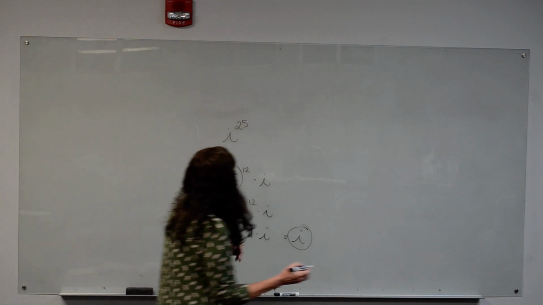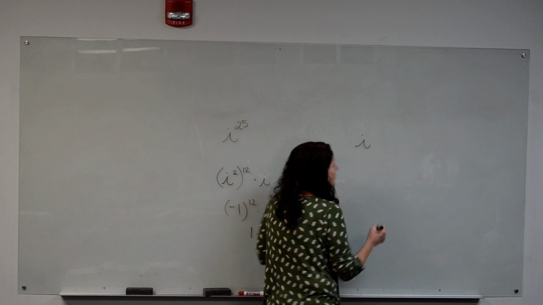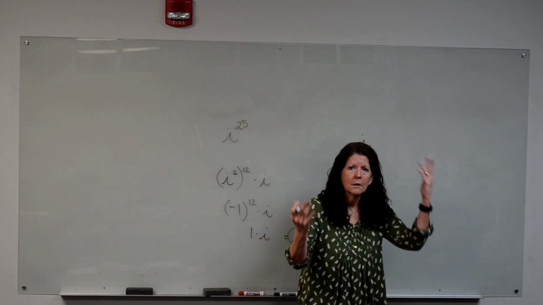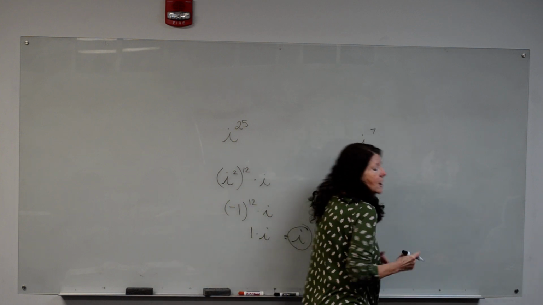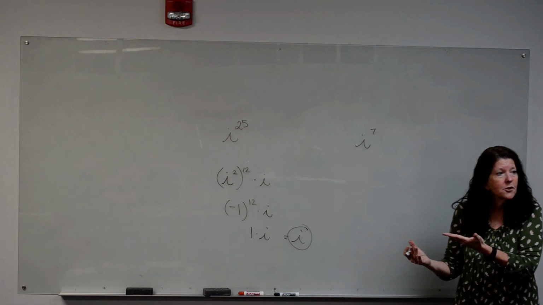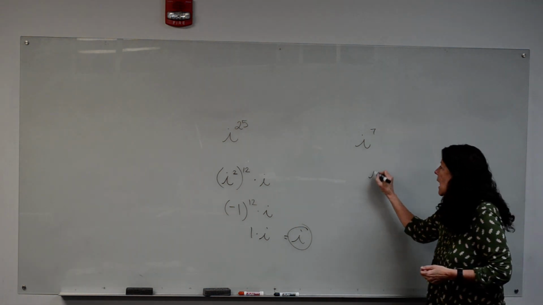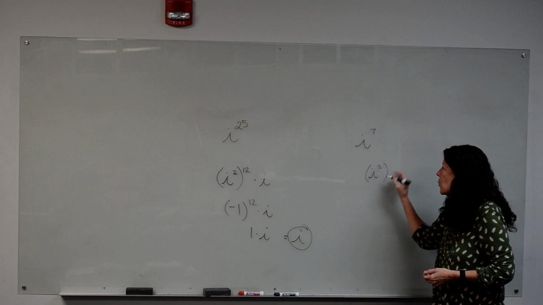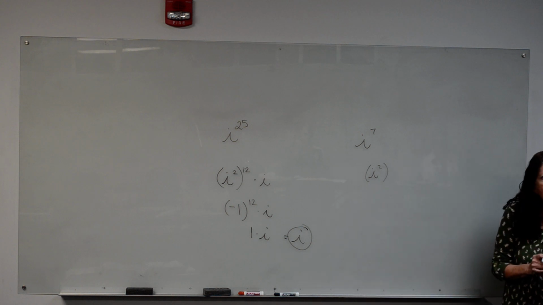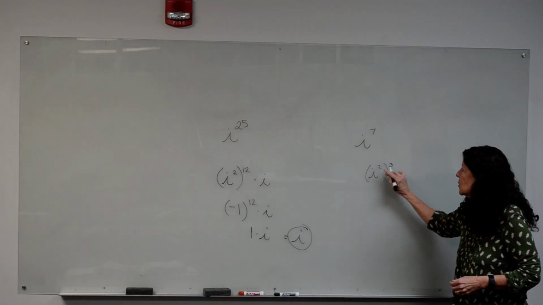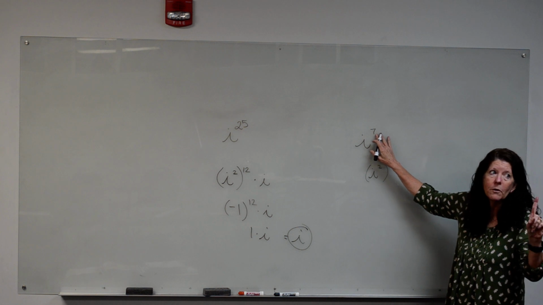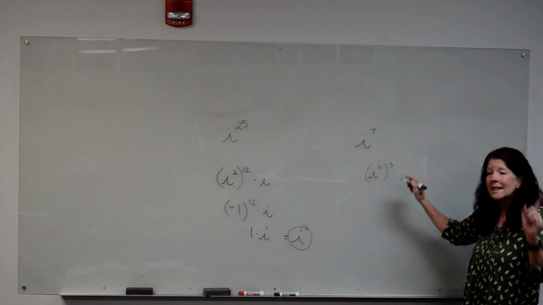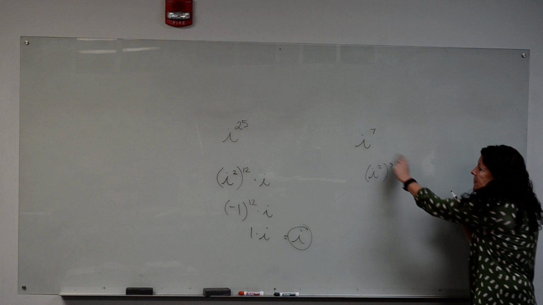What if I have, name a number for me. 7. Okay, I want to write it in terms of i squared. So I take i squared, what am I going to raise it to? 3, because 2 times 3 is 6, so I can't go over it. But I still need one more i, because this gives me 6 i's.